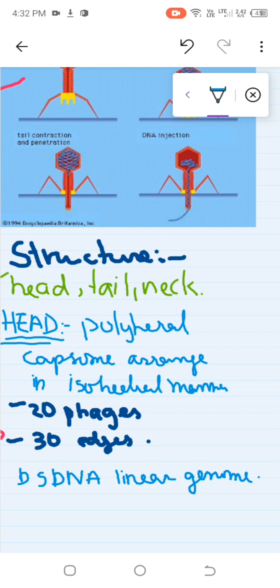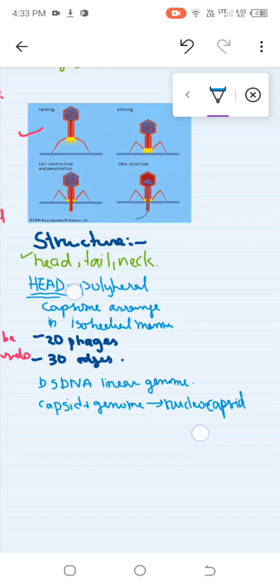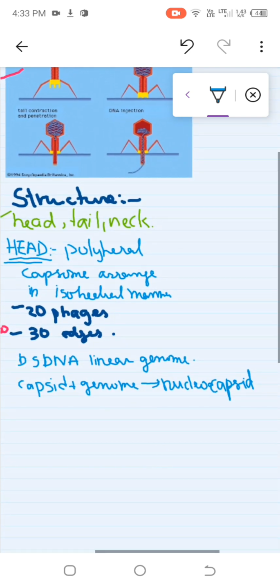When the capsid plus the genome, or nucleic acid, come together, they form the nucleocapsid.